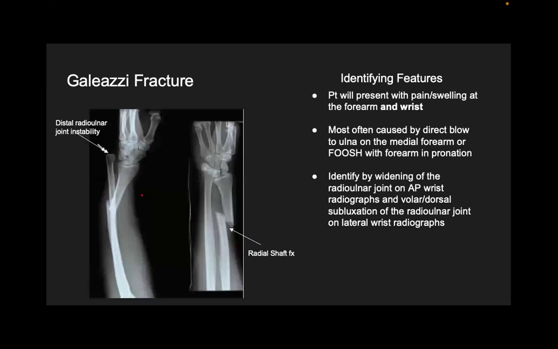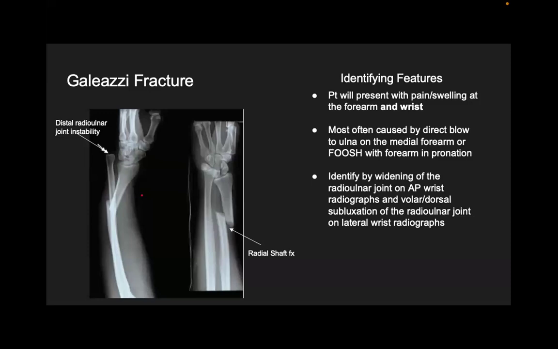So Galeazzi fracture again. What are the two components? Okay, so what fracture do we have? A radial shaft fracture, and then the dislocation is going to be at the DRUJ, or the distal radioulnar joint. Okay, so again, because the dislocation is now distally at the DRUJ, and just if you guys aren't aware, the DRUJ is where your radius and your ulna meet distally, and that's how they're able to articulate with the carpal bones.